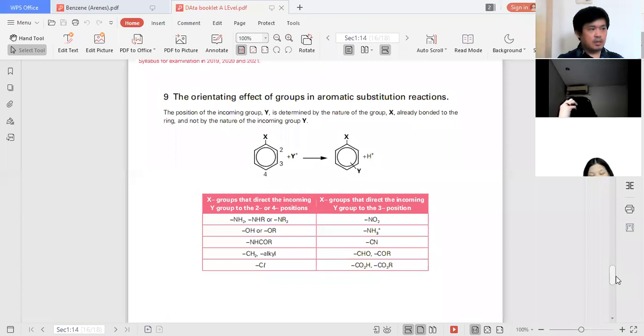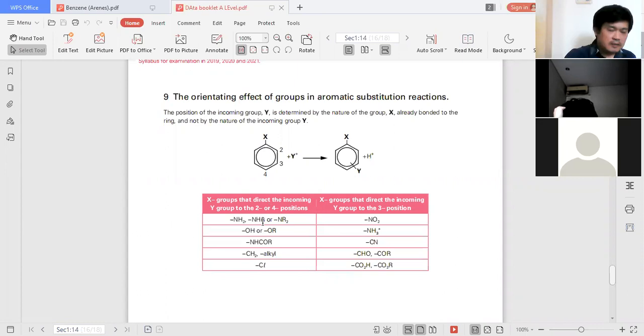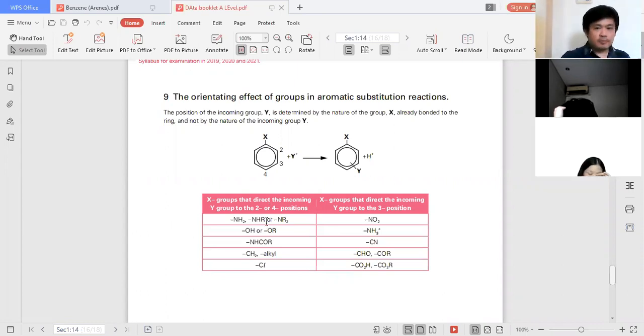So in this one, the X group directs the incoming Y group to position 2 or 4. The X is the NH2 amine. Amine, not the amide, but this nitrogen compound.